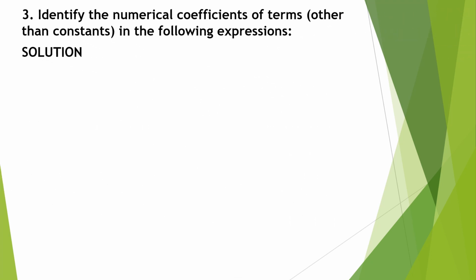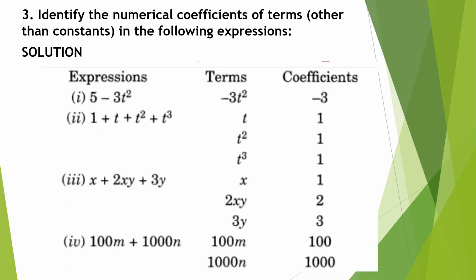Now we move to question number 3. Identify the numerical coefficient of terms other than the constants in the following expressions. So we can see our first question, 5 minus 3t square.